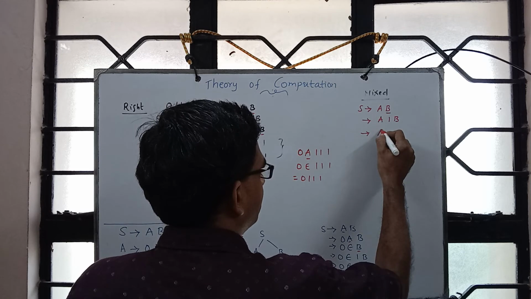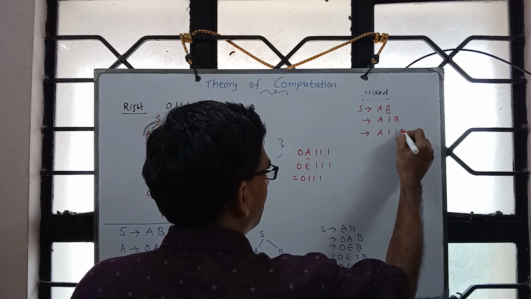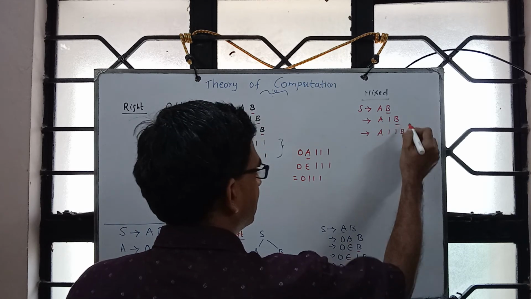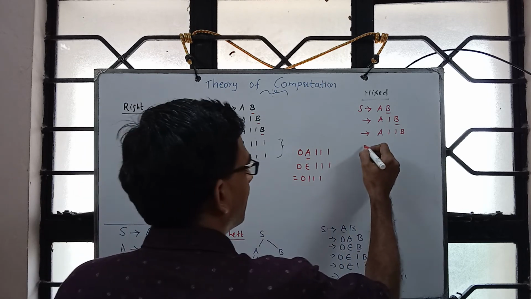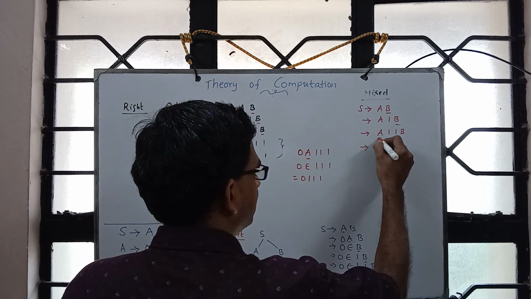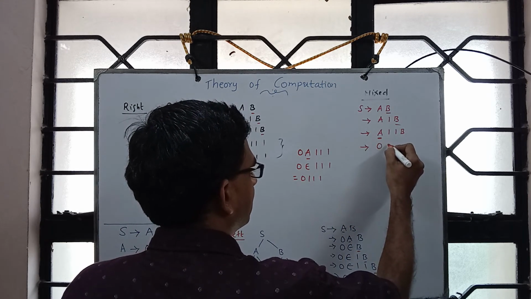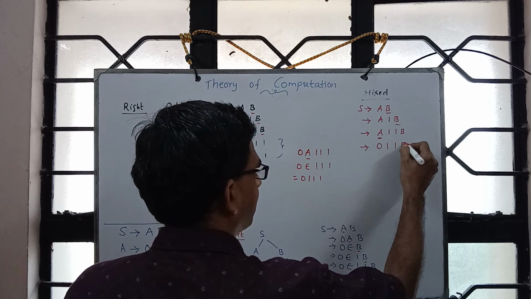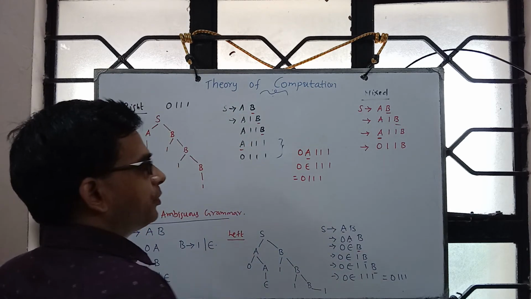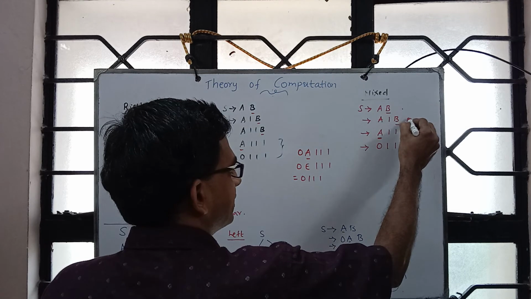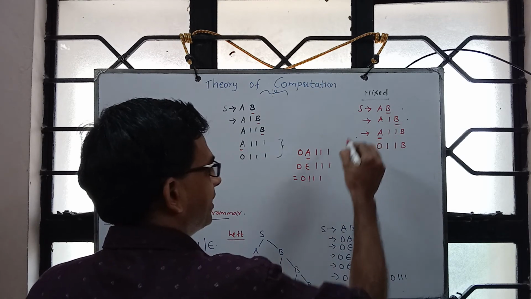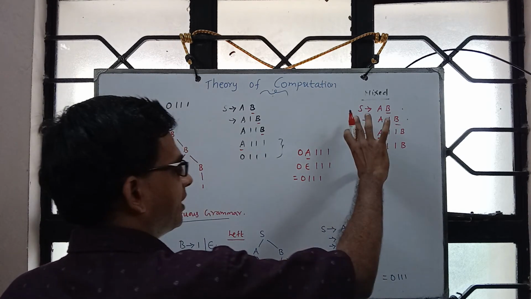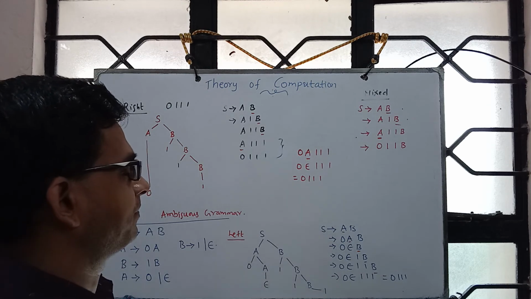And then this becomes A 1 1B. Again I choose this for expansion. Now what I do, I choose this and then replace this with 0, then 1 1B. Now you see that at a couple of places it is right, at a couple of places it is left, so it becomes a mixed derivation.